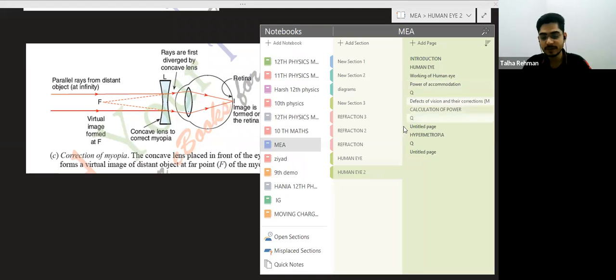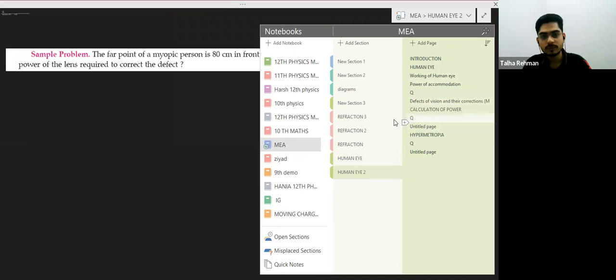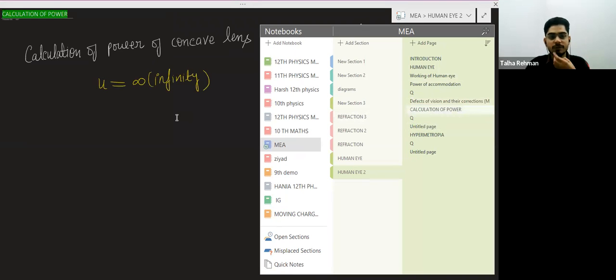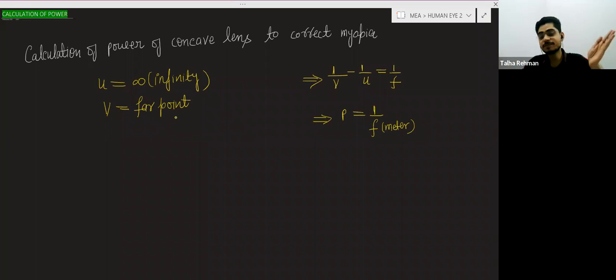So basically, what you will do is, for the image distance, in this case you will take the far point of the person. Why are you taking the far point of the person? Because the image is formed at the far point for correcting myopia when we place a concave lens.